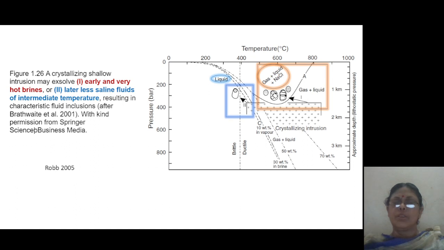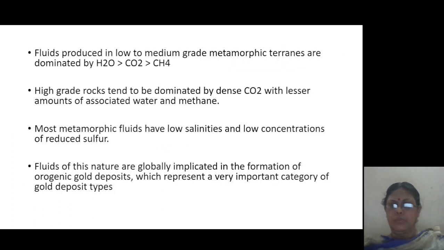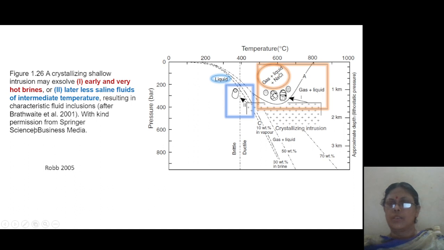Initially the temperature is high and falls gradually later on, and if the concentration is very high, hot brine is there, then later on the fluid inclusions will contain some crystal phases. You can see the crystal phases, and some vapor phase is also there, and some liquid phase may also be there.